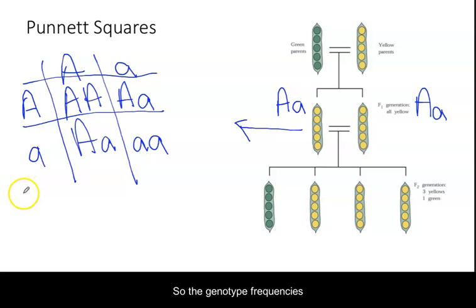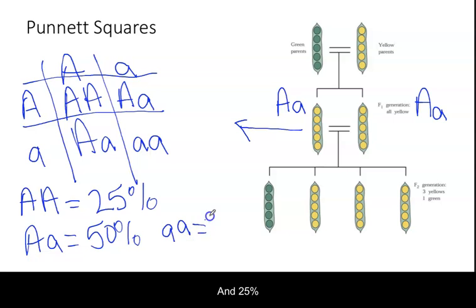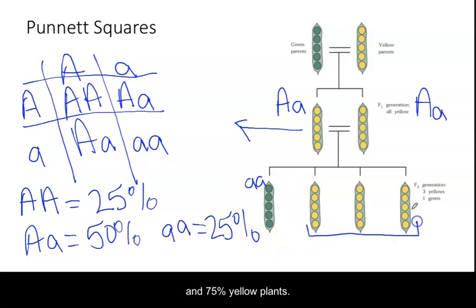So the genotype frequencies would be 25% big A, big A, 50% big A, little a, and 25% little a, which amounts to 25% green plants, but 75% yellow plants. And that's the phenotype frequency.